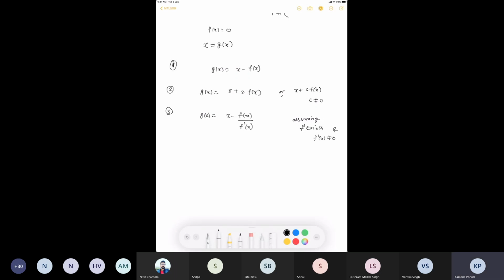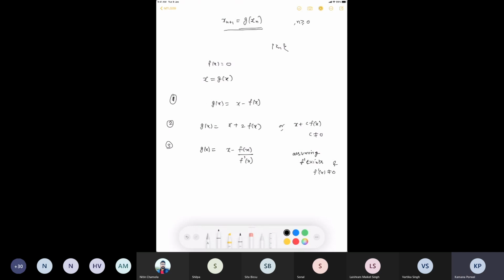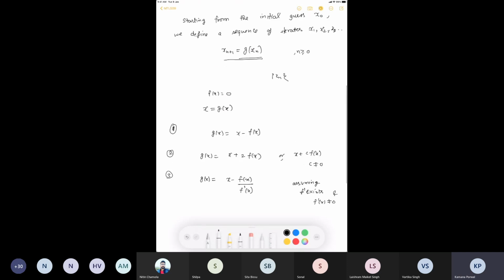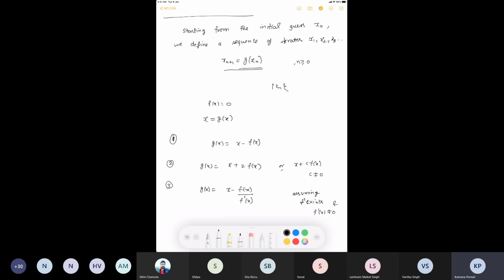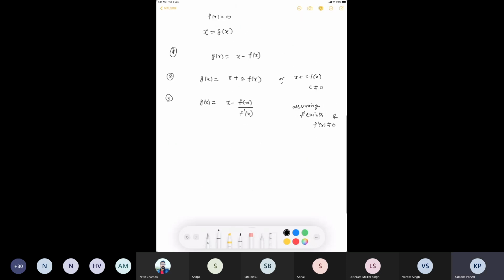Okay, this is another choice of the g(x) which we can have, which will again give back the equation f(x) = 0. If you try to use these different choices of the g, you will see that you're not just getting one iteration method, it's a class of iteration methods, right? So let's just try to take one example and try to see what is happening with these different choices of the g. So I'm going to take one example.